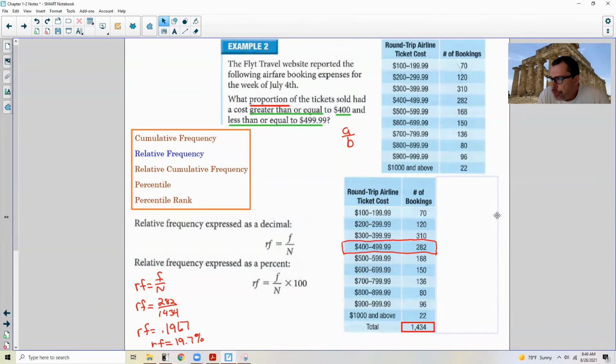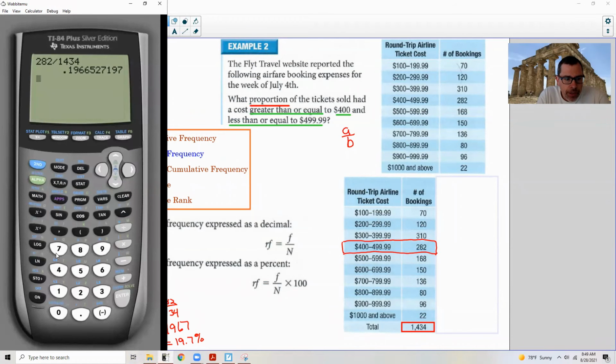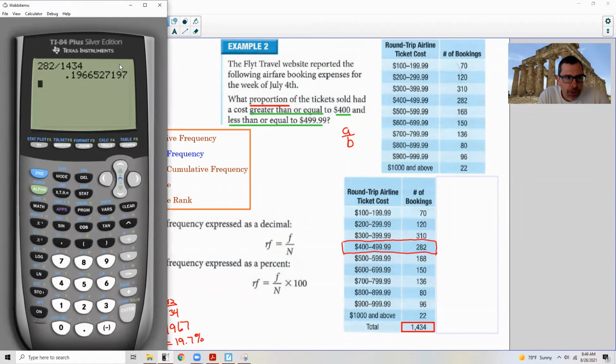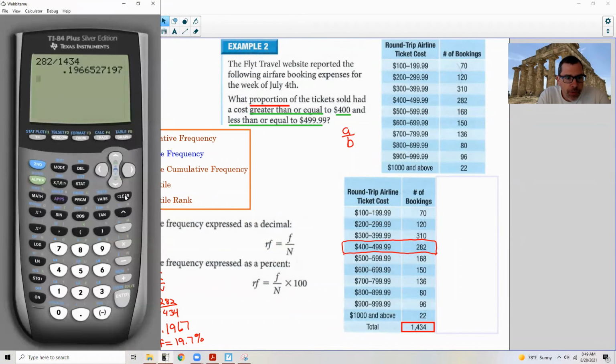So what I could do is do that for every column also. I could take 70 and say, what is it when F is 70? Let me show you a trick in the calculator so you don't have to type so much. We're going to use the same total, so I can store that as a variable.